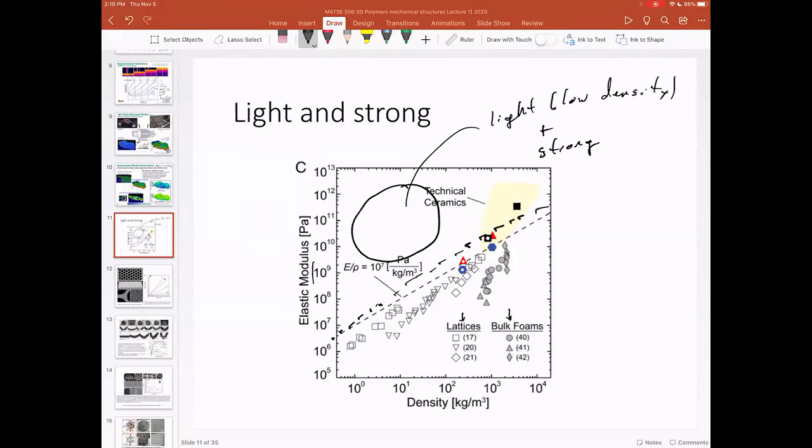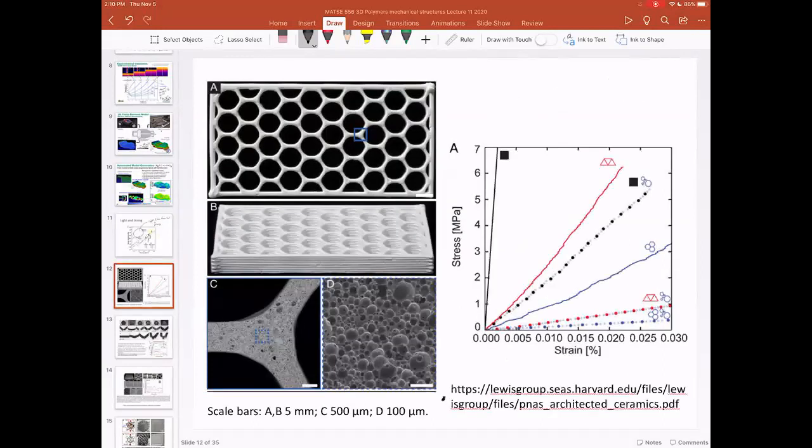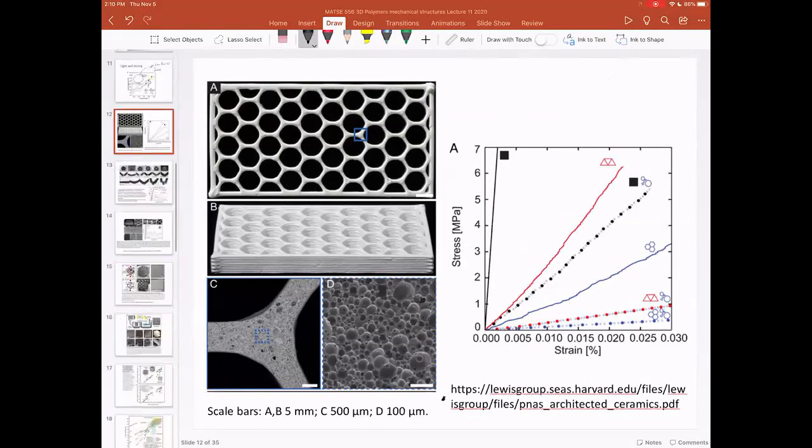That's why bridge trusses are lattices, or that's why we put foam in a sandwich composite, so we can have something that's both light and strong depending on how that composite is built. And so this is an interesting example that we've seen before. And I just wanted to remind you of the goal if you're going to design a structure, what you might be interested in.